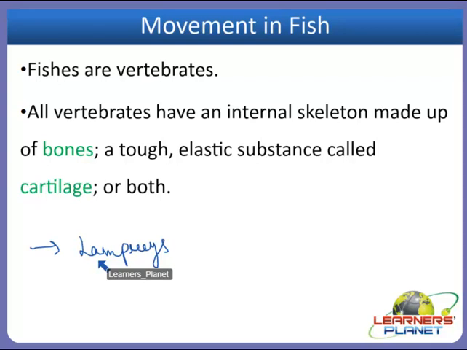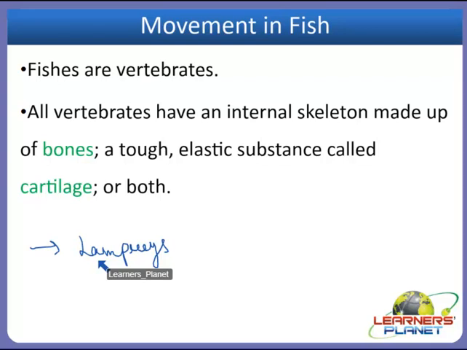Yes, fish live in water, we all know. And most fish have a streamlined shape. Streamlined shape means the head and the tail are narrow and the middle portion of the body is broader. We'll have a look at it just after this slide.